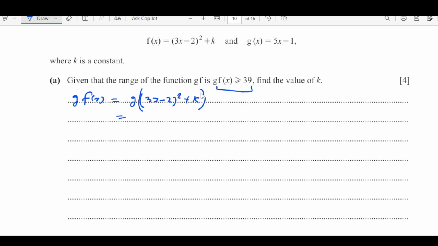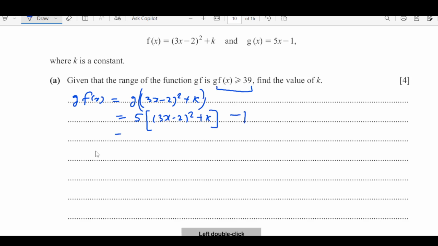Now we substitute this in g, so that is 5 times all of this, 3x minus 2 squared plus k, this is 5x, then there is a minus 1 that will be outside the bracket.